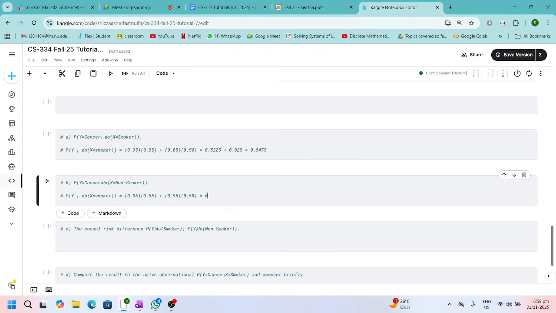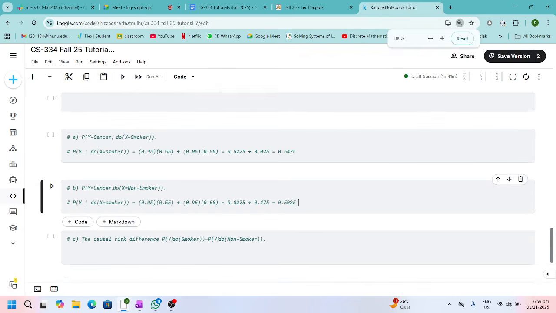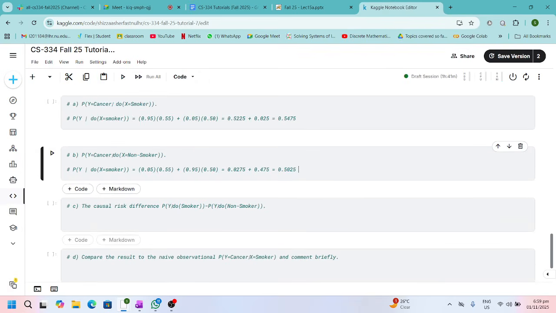And this will give you 0.0275 plus 0.475, which is equal to 0.5025. Wonderful. This is what we have been able to do.